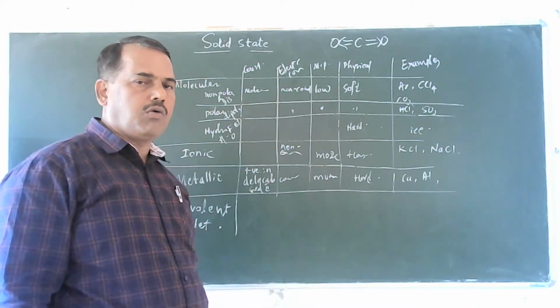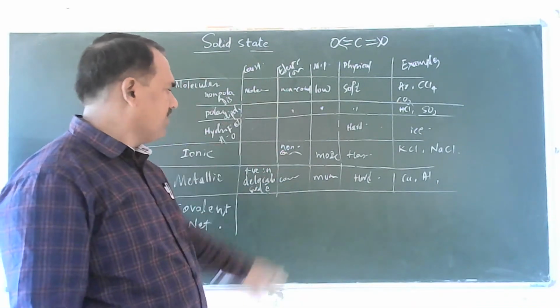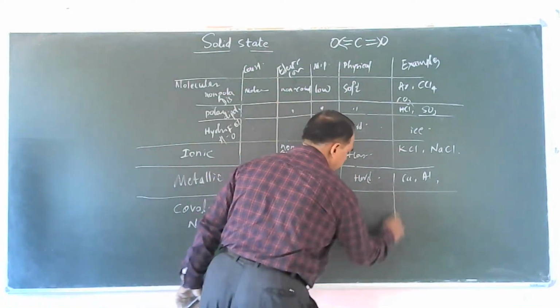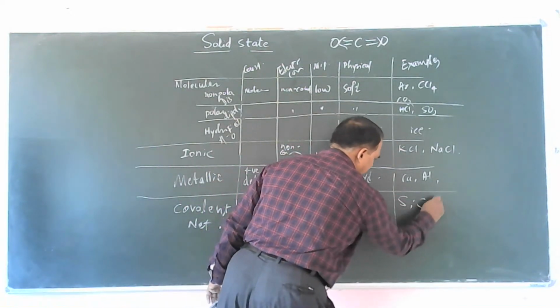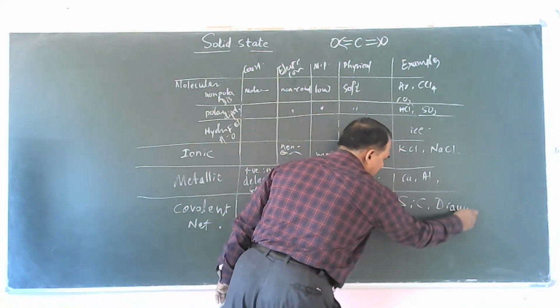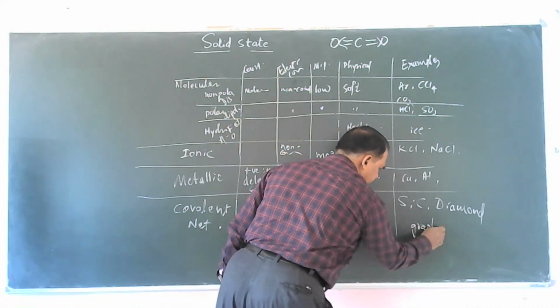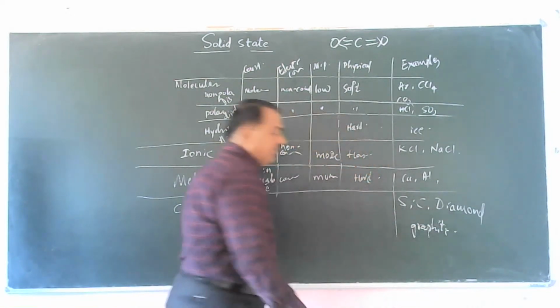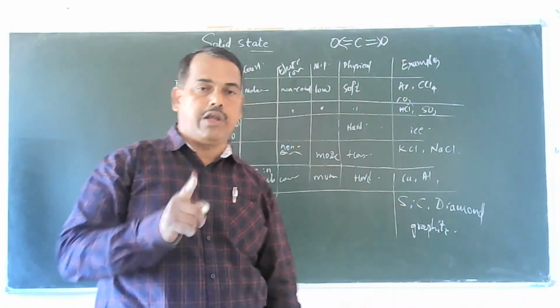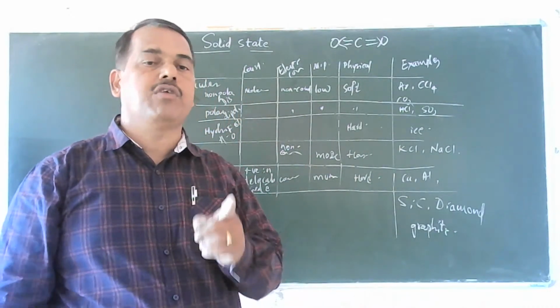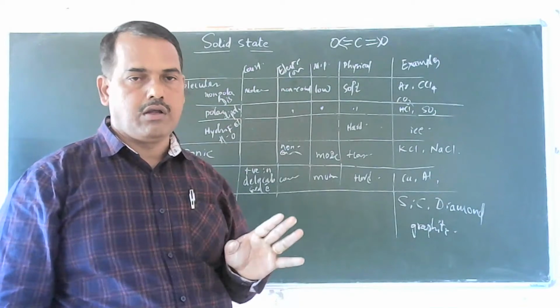Physical state, they are hard, no doubt they are hard. Examples, you can write silicon carbide, then diamond. And one exception is graphite.